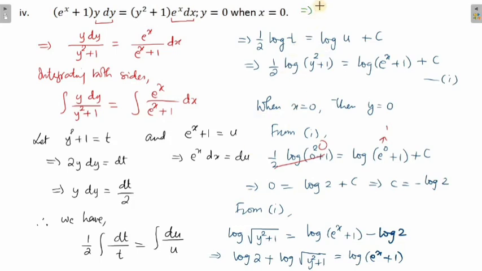You can write this as log of 2 times root over y square plus 1 is equal to log of e to the power x plus 1. So remove log and log, and your final answer becomes 2 root over y square plus 1 equals e to the power x plus 1. So this is the required particular solution for this particular problem.